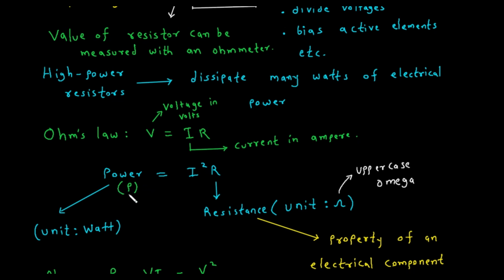Now again the formula for power, which is represented by P, is equal to I square R. Here the power unit is watt and R represents resistance and its unit is ohm, which is uppercase omega. Now remember that there are two types of omega, one uppercase and one lowercase. So this is the uppercase omega.